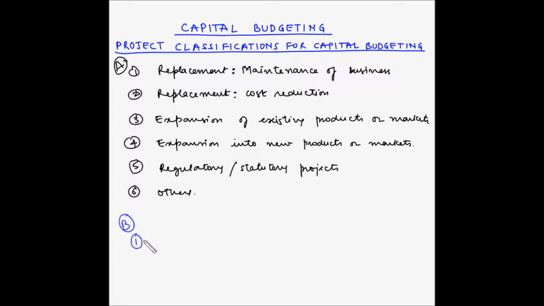The first category is known as independent projects, or you can also say investments.